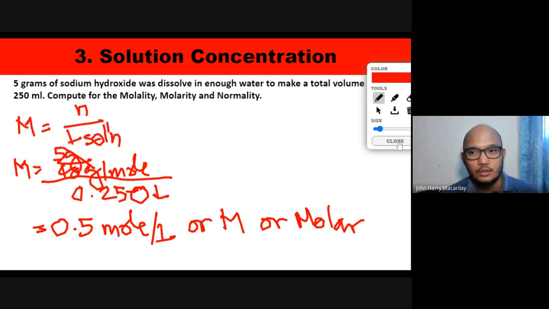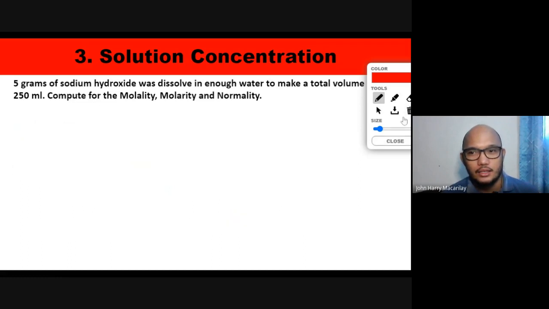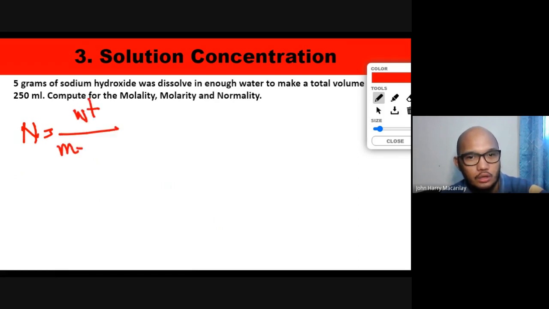Next would be normality. So there are two possible solutions for normality. In your laboratory, you will be using this particular formula. So N equals weight over MEQ times volume of the solution. The weight is 5 grams.